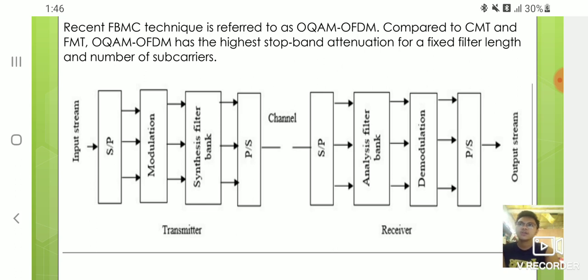In addition, the reasonable design of the prototype filter can ensure the frequency response of each subcarrier has better roll-off characteristics for reducing the spectrum leakage of subcarriers. Many scholars have designed suitable filters for FBMC. The filter using the frequency sampling technique has been considered as the reference prototype filter of the European project PHYDYAS.